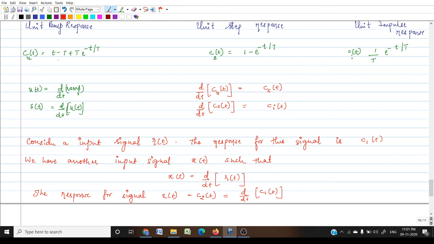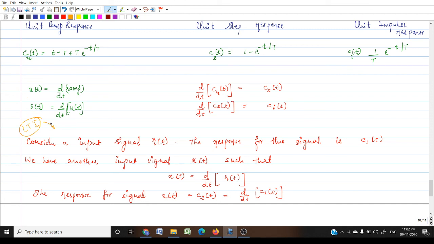I'll repeat. The response to the derivative of an input signal can be obtained by differentiating the response of the system to the original signal. This is possible only in the case of a linear time invariant system. This observation is only relevant for LTI systems.